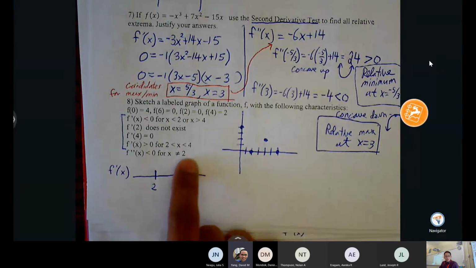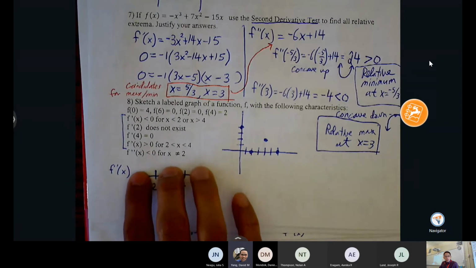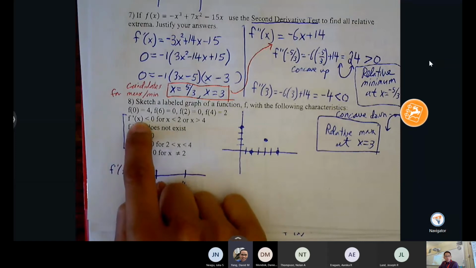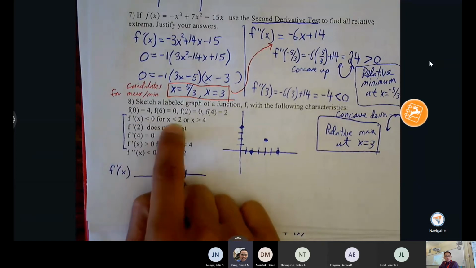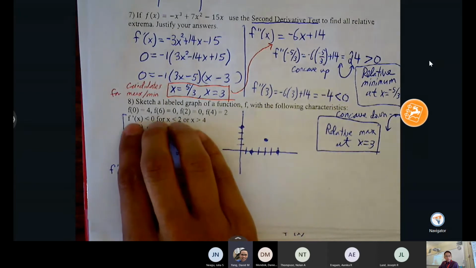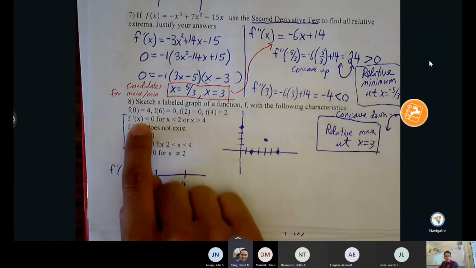So the next decision is whether we're going to be making some of these intervals positive or negative. Let's read the first statement. F prime of x is less than 0 for x is less than 2 or x is greater than 4. Can you guys rephrase this in a different way that's more visual? What's another way of saying f prime of x is less than 0?